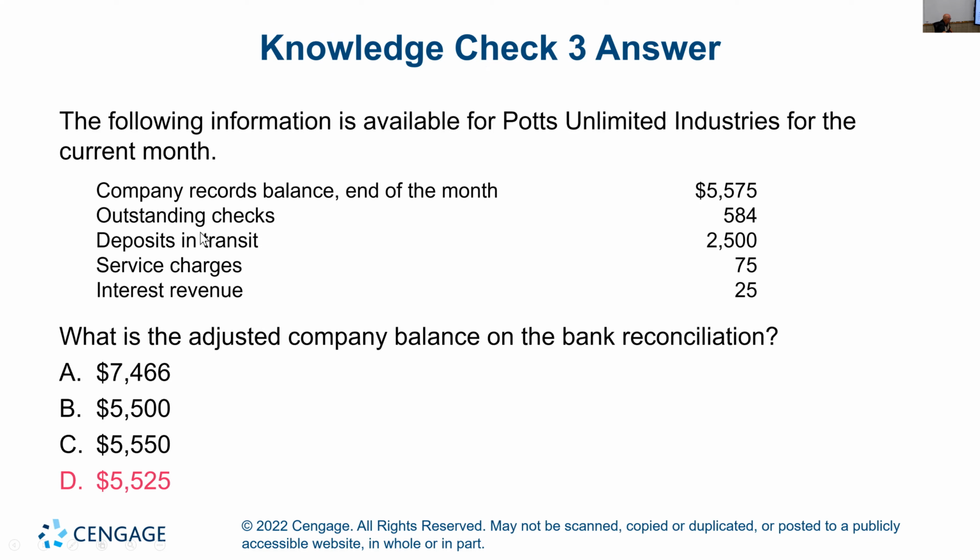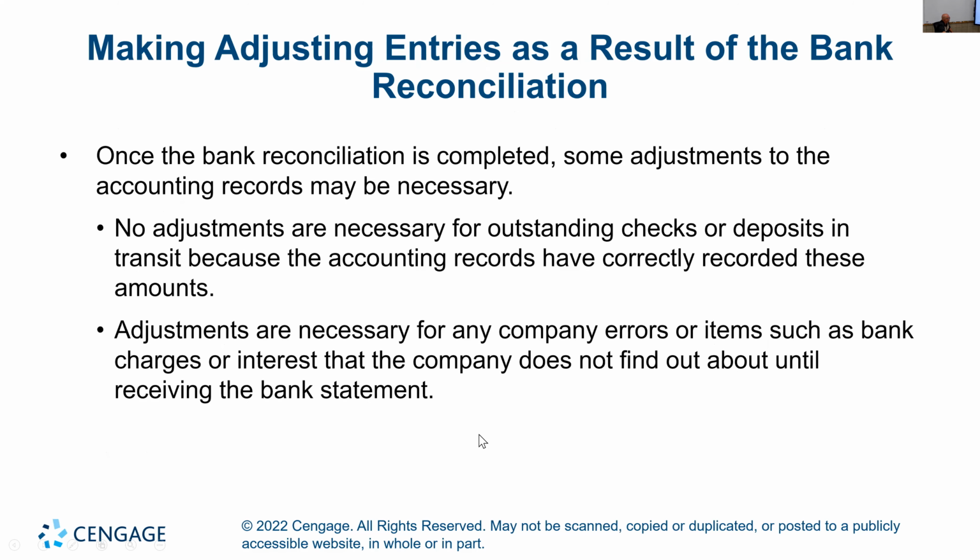Okay, first two here, we would only need to make adjustments to the bank records if we had access to them. Kind of in line with that question, we're going to have to make journal entries to make our cash account correct.